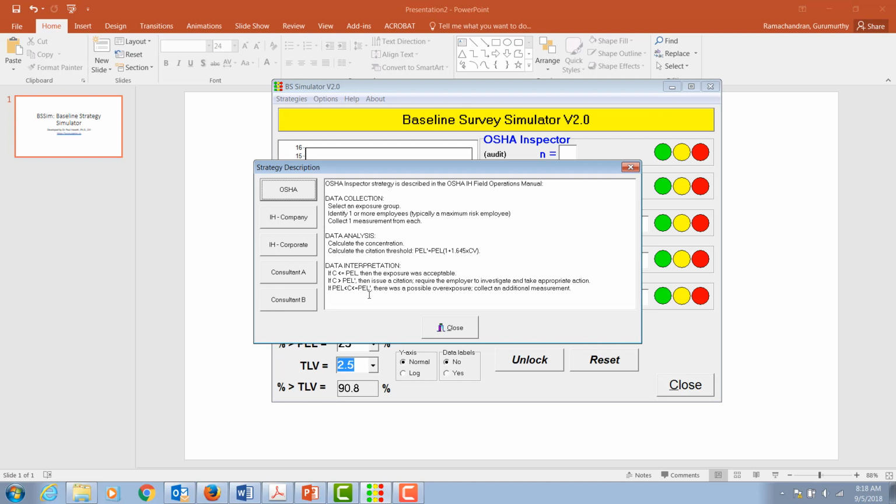If the concentration is greater than the PEL times 1 plus 1.645 times CE, then the OSHA inspector issues a citation requiring the employer to investigate and take appropriate action. And if the concentration is between the PEL and the PEL prime, then there is possibly an overexposure, and therefore you should collect an additional measurement.